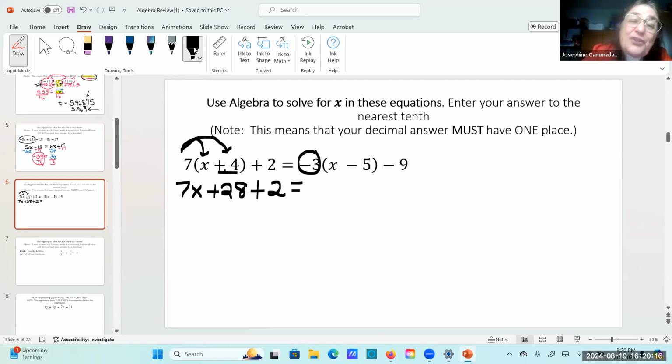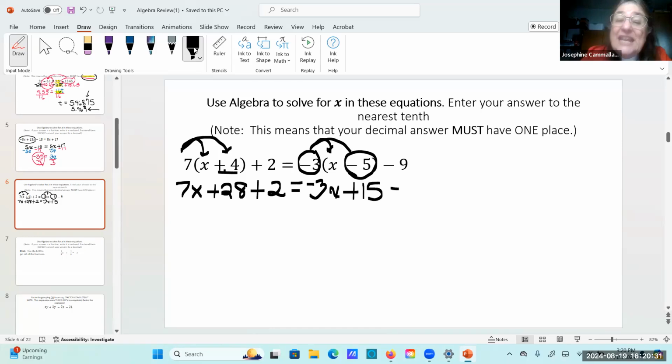This negative 3 is multiplying by x. But be careful here. This is a negative 5. Negative 3 times a negative 5 gives me a positive 15.